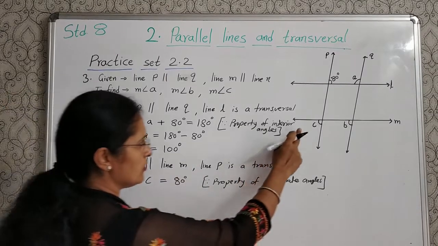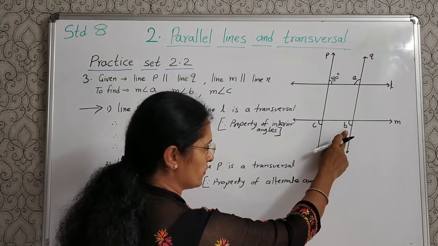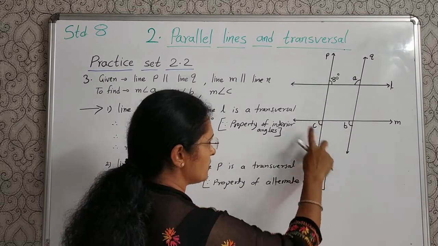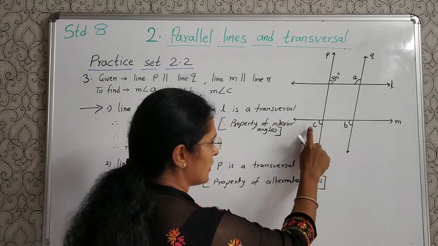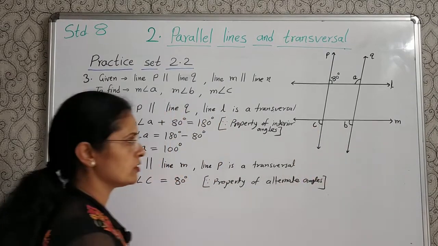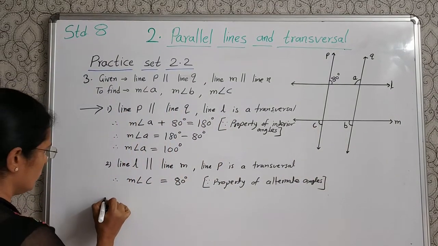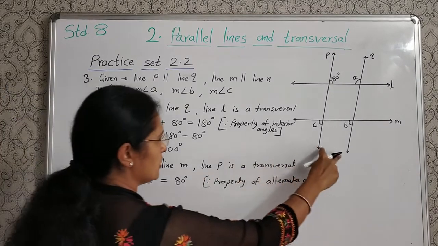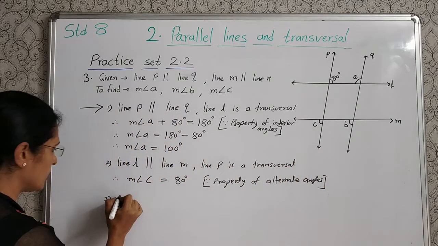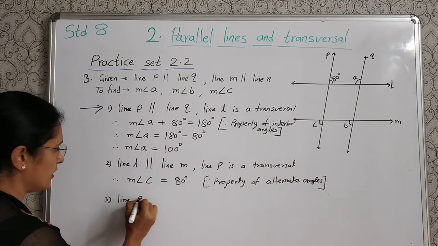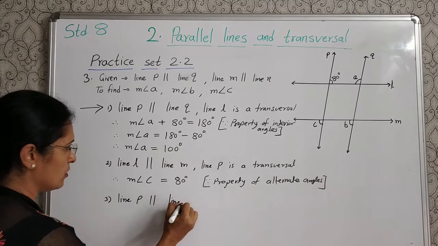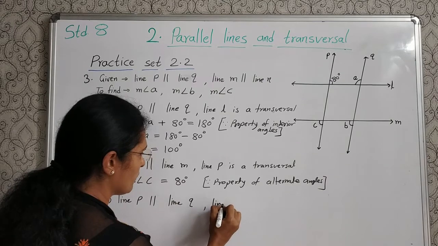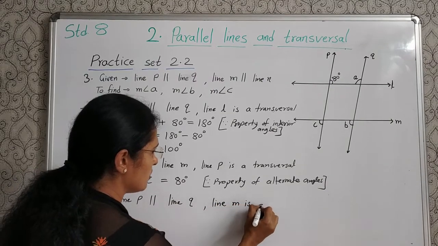Now from this C we can find out angle B. These are corresponding angles. If you take these two parallel lines and this transversal, then angle C and angle B are corresponding angles. So third, to find angle B. Now these are the two parallel lines, that is line P and Q. So write line P is parallel to line Q and here line M is the transversal.